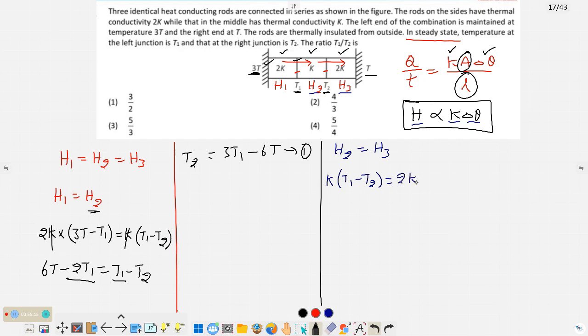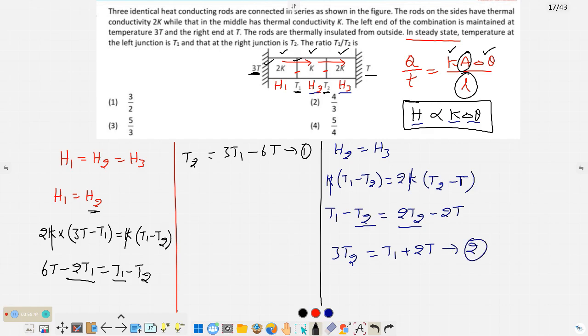The conductivity is 2K, and the difference in temperature of the third one is T2 minus T, because we always take the difference in temperature as higher minus lower. Solve this, K gets cancelled. So T1 minus T2 is equal to 2T2 minus 2T. If you solve it, this becomes 3T2 is equal to T1 plus 2T. So this is equation number 2.